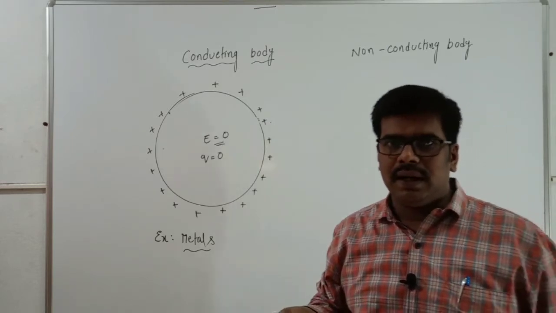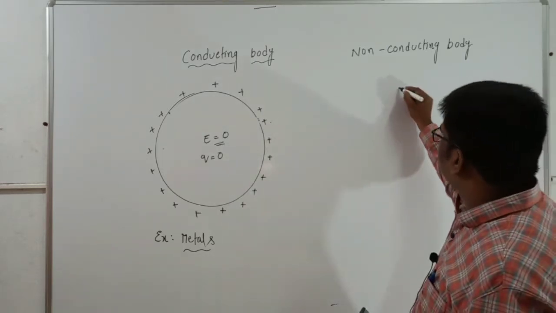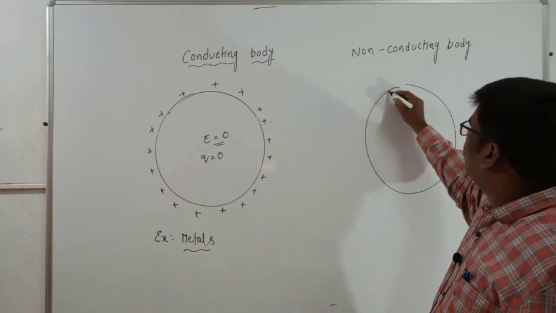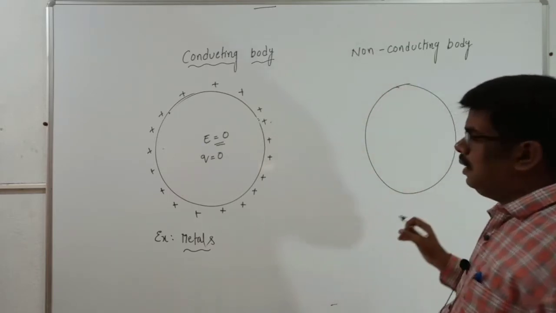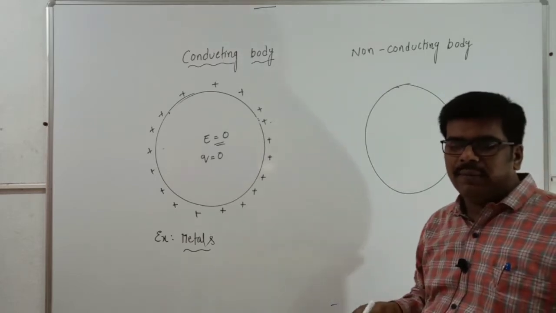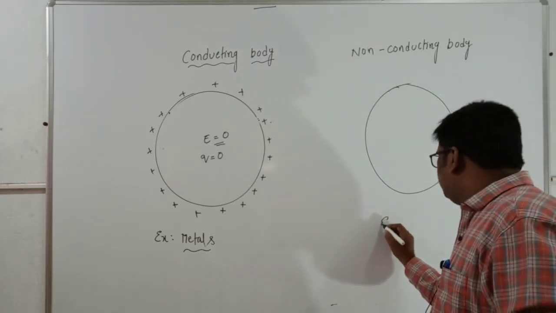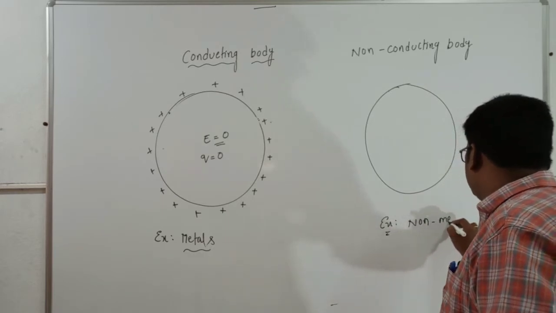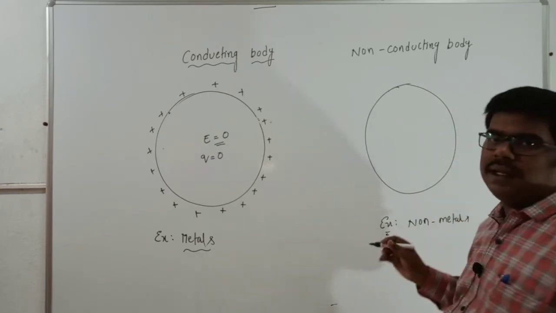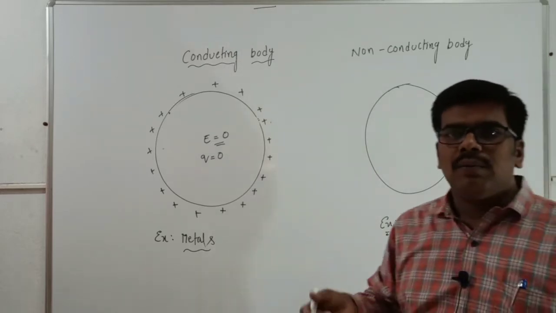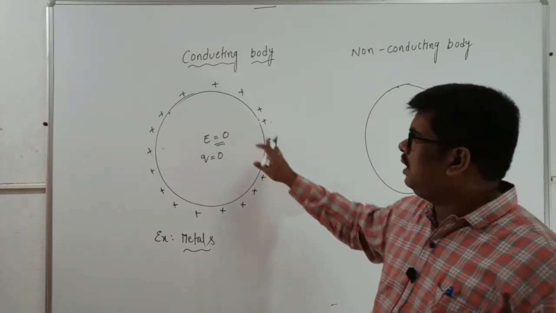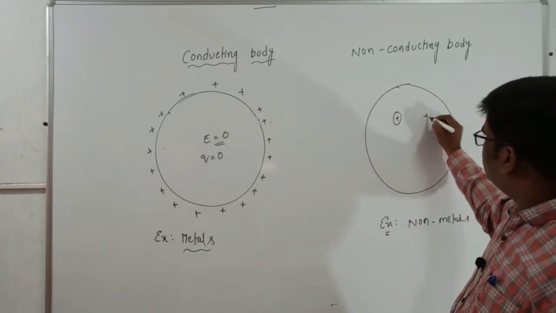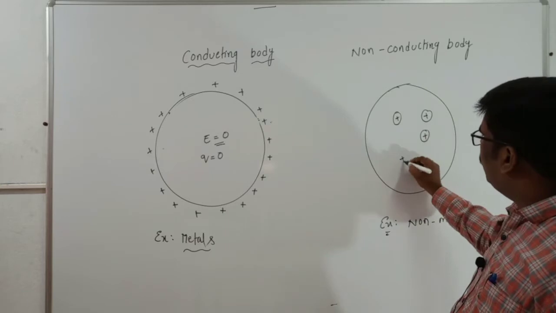That kind of body is non-conducting, like insulators, meaning dielectric mediums like glass, ceramic, and non-metallic bodies like plastic. Those we call non-conducting bodies, non-metals. In these, the charged particles will not move freely as you saw in conducting bodies. Even if charged particles are there, they won't move at all.